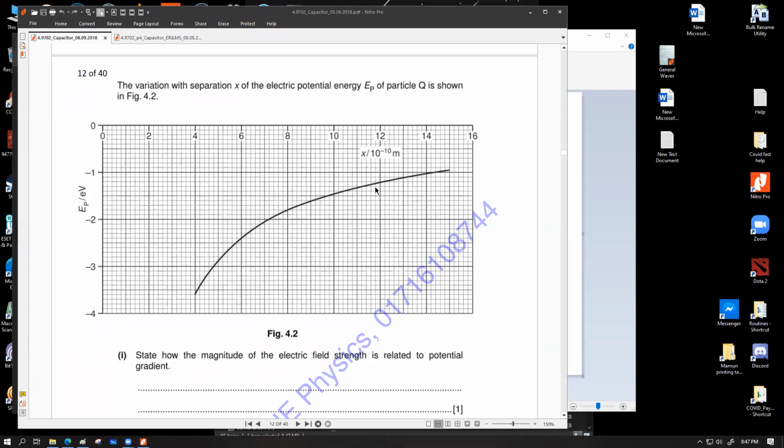Is that what the mark scheme is implying? Yeah, the plates are oppositely charged, and if nothing was there to keep them apart, they would stick together. Yeah, definitely.